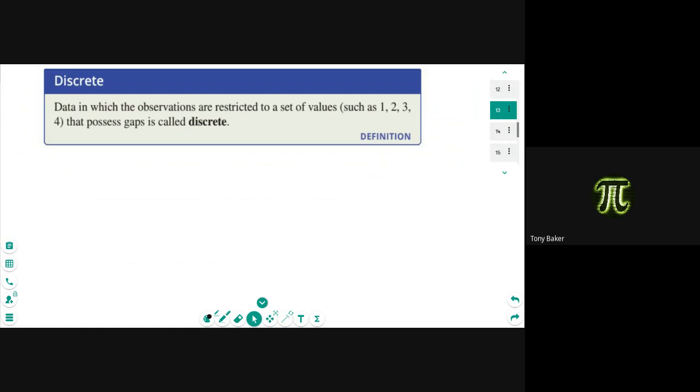Do you only age on your birthday? No. So the question was, is age continuous or discrete?